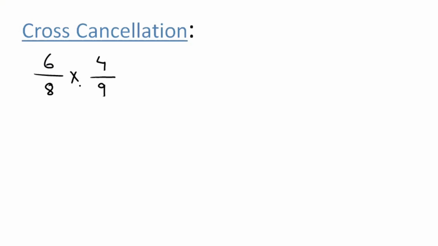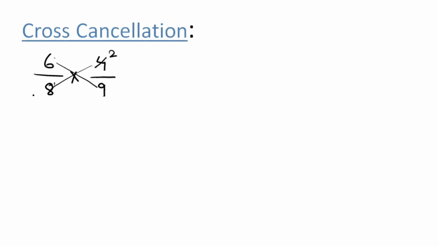How? See, we have to cross cancel. This is the cross, this side and this side. We have to find a common factor which can divide this one as well and this one as well. And the same in these two numbers, we find a common factor that can divide 6 as well and 3 as well. That 2 times 2 will be 4.